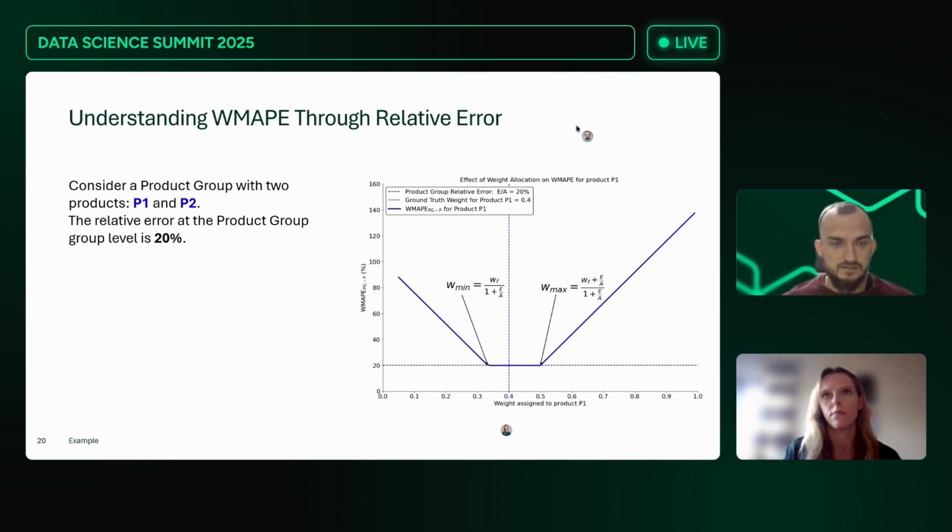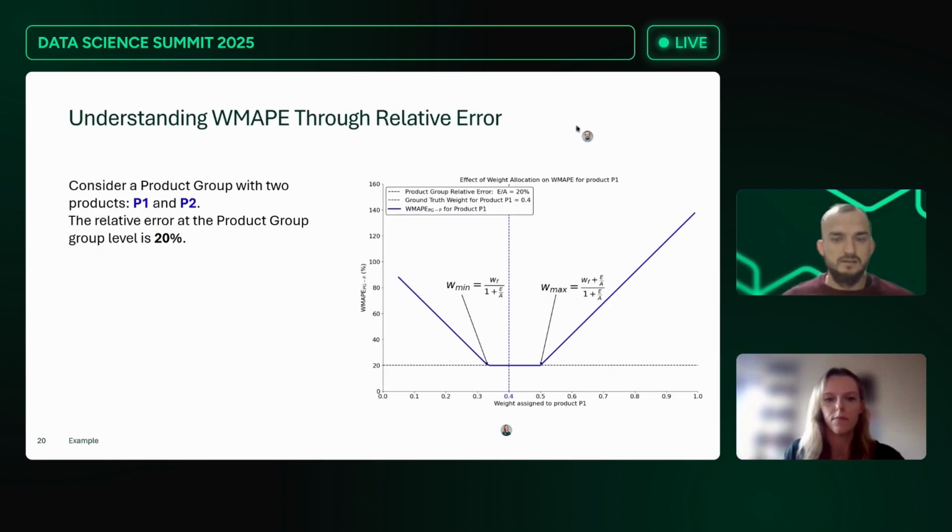So the minimum value of weight is offset by the error we got at product group level, and the maximum weight takes into consideration the additional forecast that we can add to this product, still guaranteeing that the error we get is minimal.